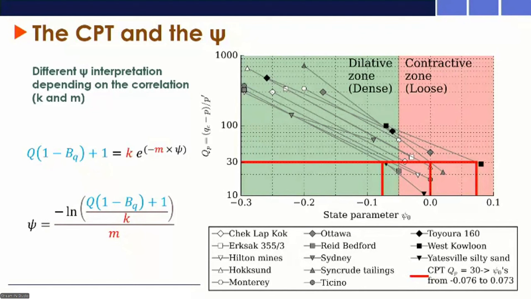Q on the vertical, and the pinkish zone is where we would expect loose contractive behavior. So all of those there, with a few exceptions starting to creep into that contractive behavior, in particular the West Kowloon type material. But in the literature there was very, very little available, but people were then using that data to derive these K and M parameters, right?